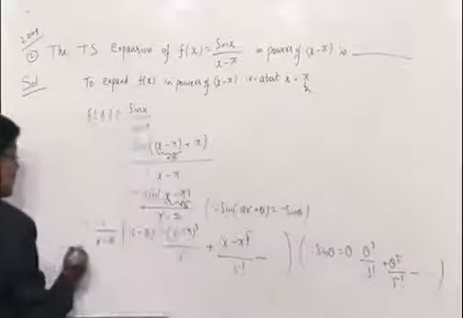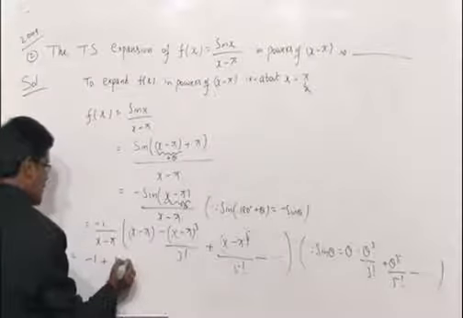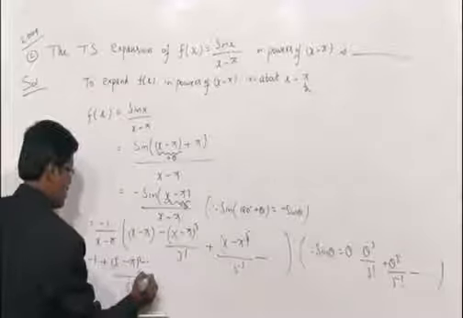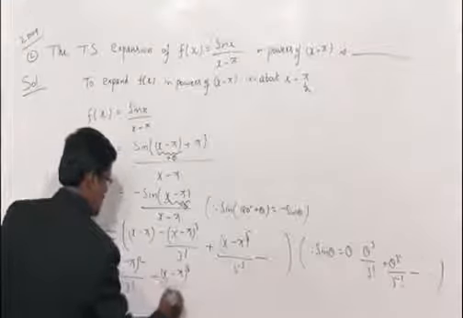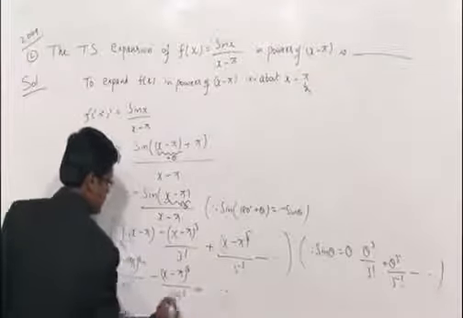Now multiply the outside term with the inside terms, that means it simplifies to minus 1 plus x minus pi whole square by 3 factorial minus x minus pi whole power 4 by 5 factorial plus so on.